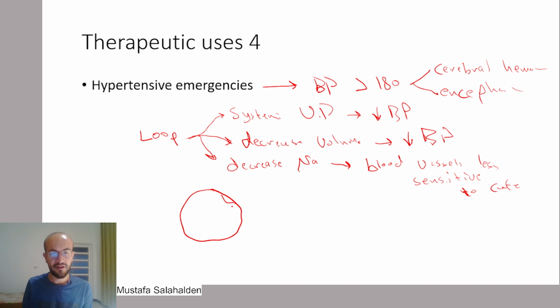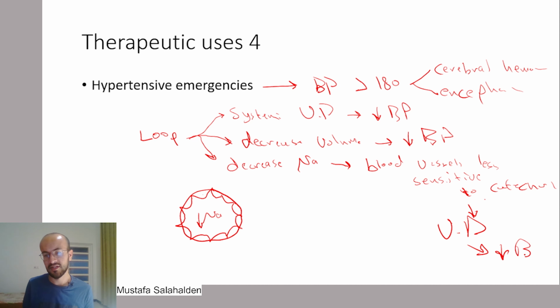The endothelium of this vessel, if there is very high Na or sodium in the blood, this would lead to the blood vessels being more sensitive to catecholamines, which are adrenaline and noradrenaline, which cause vasoconstriction. If we reduce the sodium through loop diuretics, those would lead to the blood vessels being less sensitive to catecholamines, and this would give us vasodilatation and subsequently a decrease in the blood pressure.